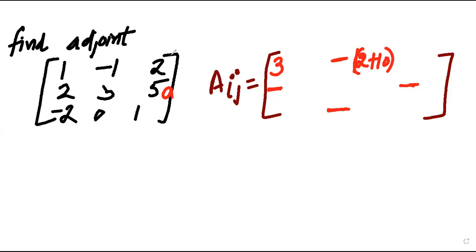Got it? Then for 2, 0 and 3 to the 6, plus 6 will come. Clear? Then next is for A21. For A21, if we remove it, it is -1. For 3, that is 1, and minus plus will come 2 to the 4. Answer is 5 here.